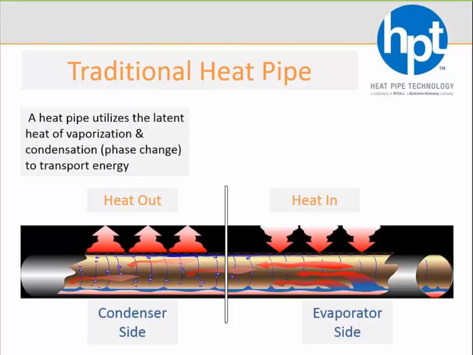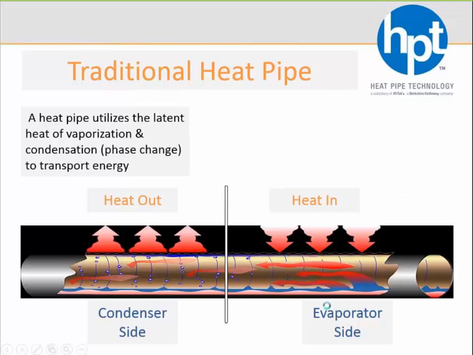If you're not familiar with the technology, it's a simple concept. In our case, it's basically a copper tube filled with refrigerant. We use R134A or 410A. Heat is added on one end, which in this picture is shown on the right side.